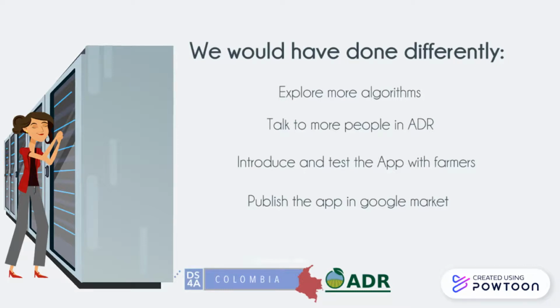It would have been cool if we had more different perspectives on the business. And with the app, it would have been cool if we had the chance to introduce it to real farmers and associations and test it with real projects. That way, we could have real feedback and improve our app. And lastly, we would like to publish our app in the Google market just to get to know the whole experience.